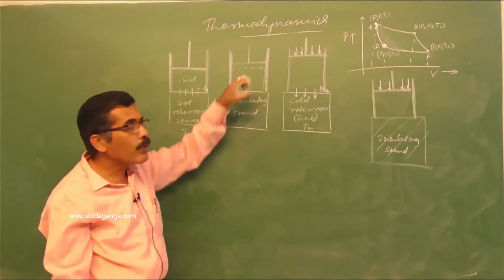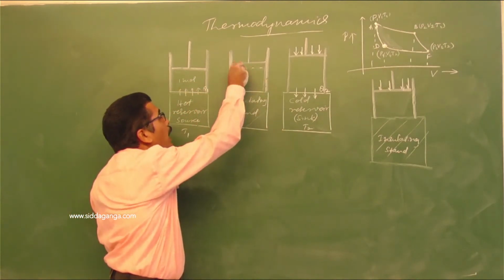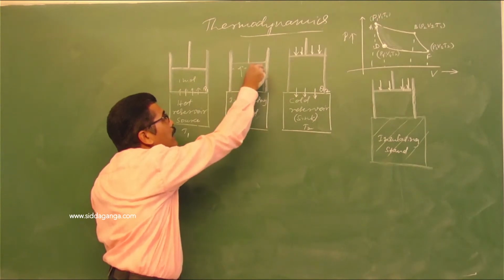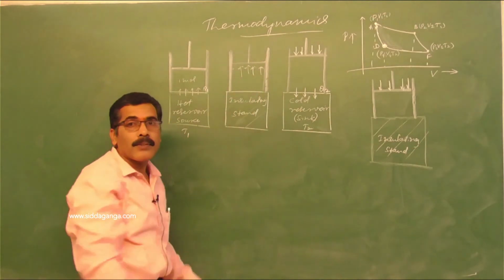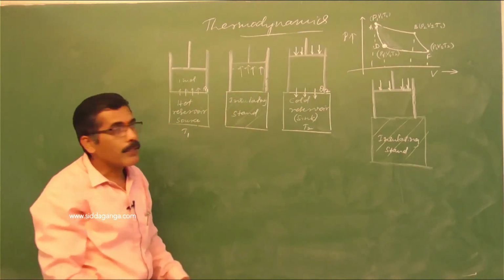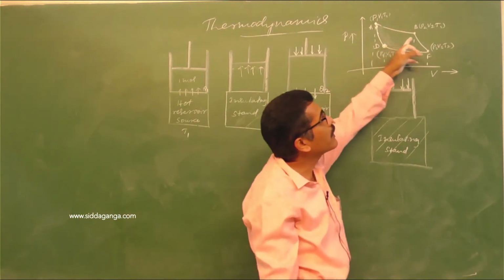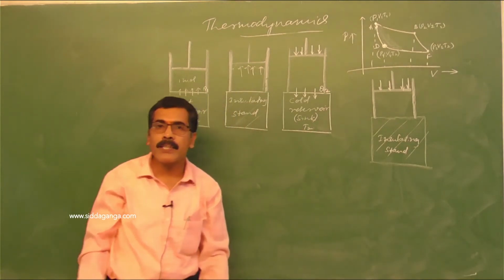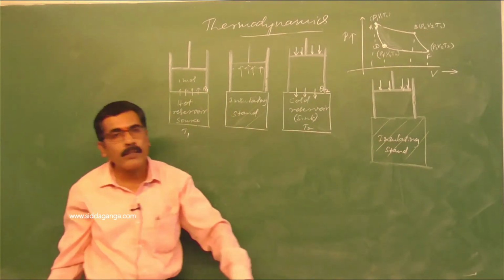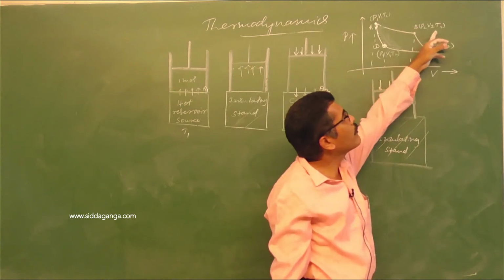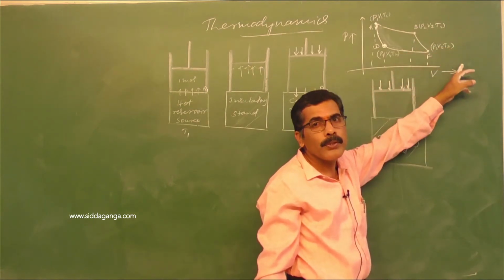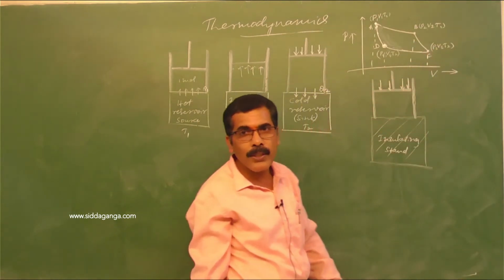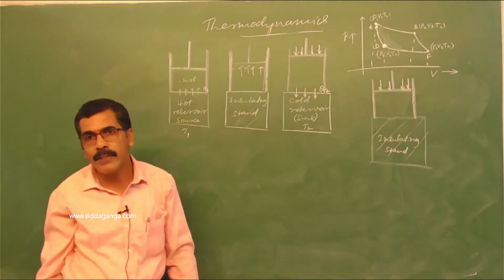Gas uses its own internal energy and expands. This expansion is an adiabatic expansion, represented by the curve BC. Since gas uses its internal energy for expansion, its temperature falls from T1 to T2. Pressure, volume, temperature, all three quantities change.